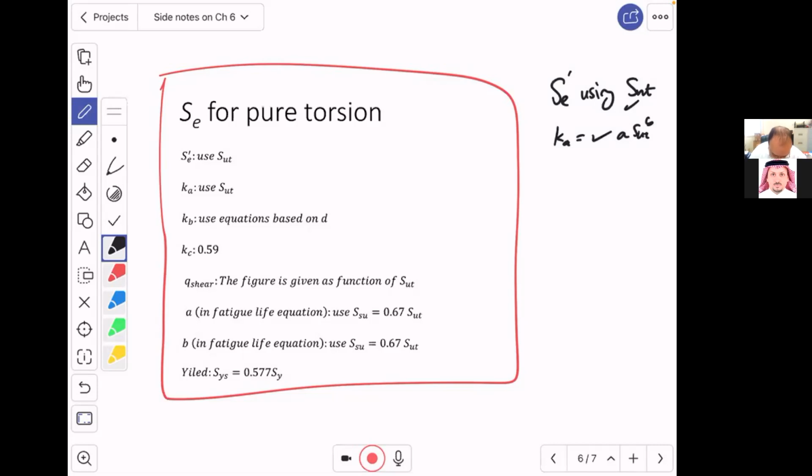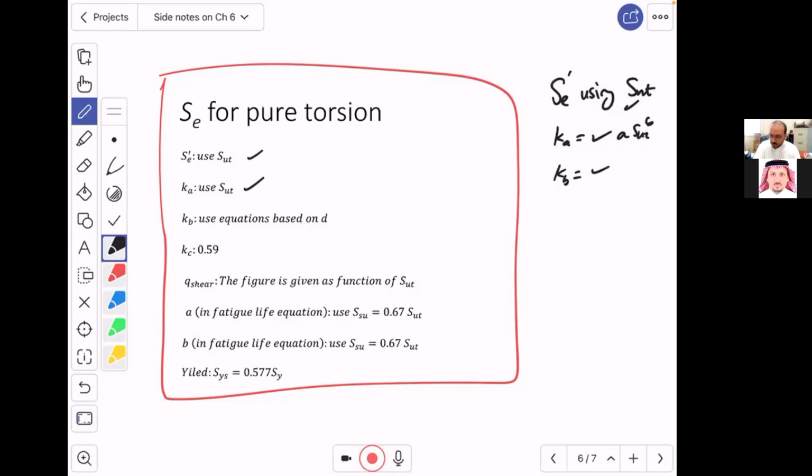Now, so this is done. For KB, the equation for the size factor, clearly tells you, if you go back to the book, you will clearly understand that if you have bending loading or torsion loading, either one, you should use KB from the diameter.